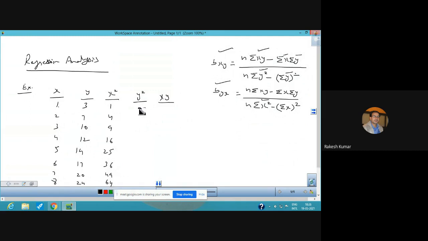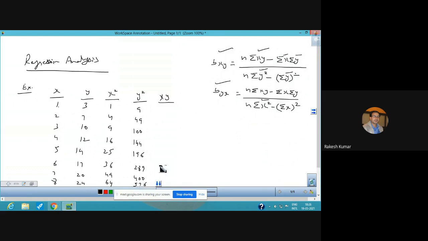Similarly, y square means the square of 3, that is 9, 49, 100, 144, 196, 289, 400, and 576.